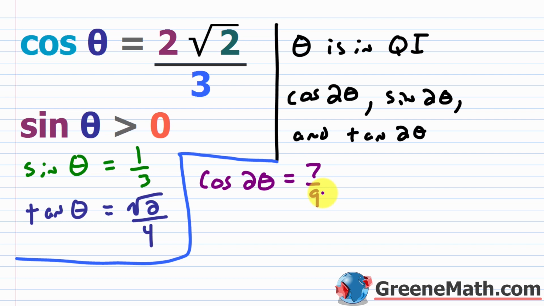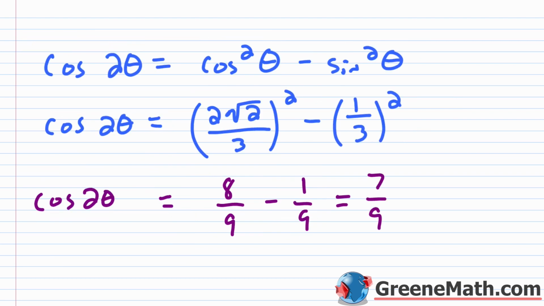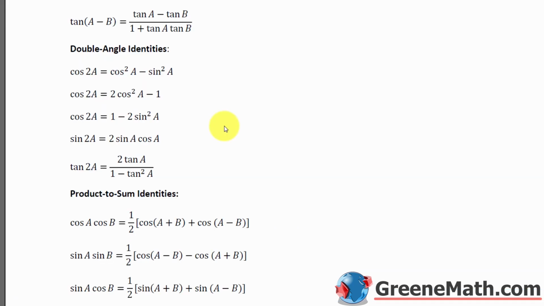So then now I want to find the sine of 2 theta. Okay, so what's this going to be equal to? Let's come back down here. So what is my sine of 2 theta? Well, let's go back to our worksheet here, and we see that the sine of 2a is equal to 2 times the sine of a times the cosine of a. So again, you could just plug in. You could say the sine of 2 times theta is equal to 2 times the sine of theta times the cosine of theta.